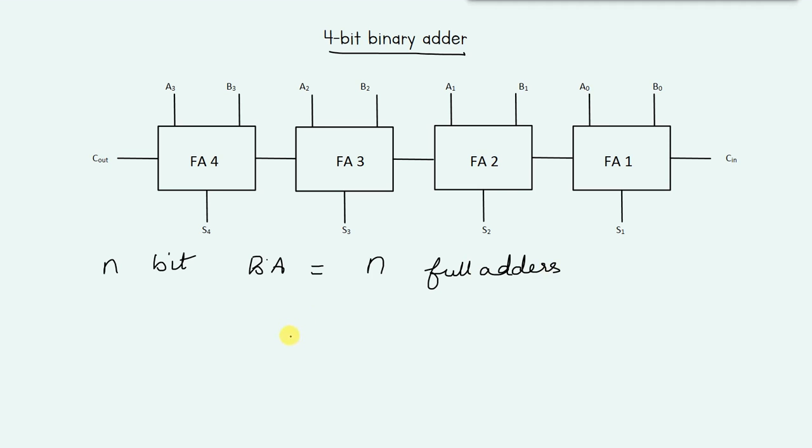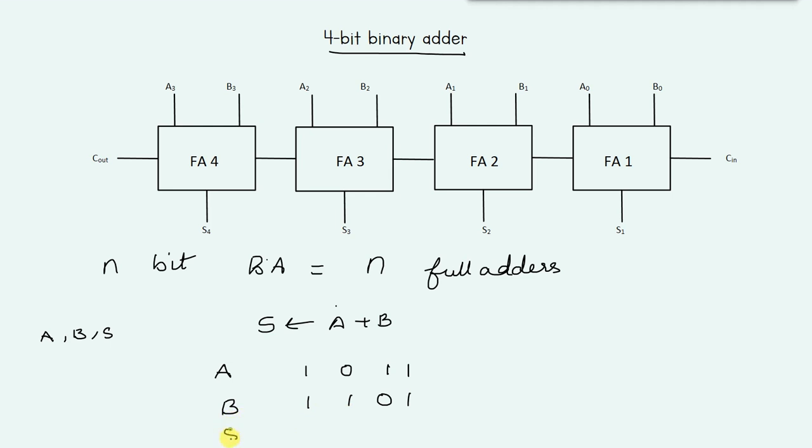Now let's consider an example to see how this binary adder works. We have the registers A, B, S. So the micro operation here is S ← A + B, which means the contents of A and B are added and transferred to the register S. So we have A, which is 1 0 1 1, and B is 1 1 0 1.